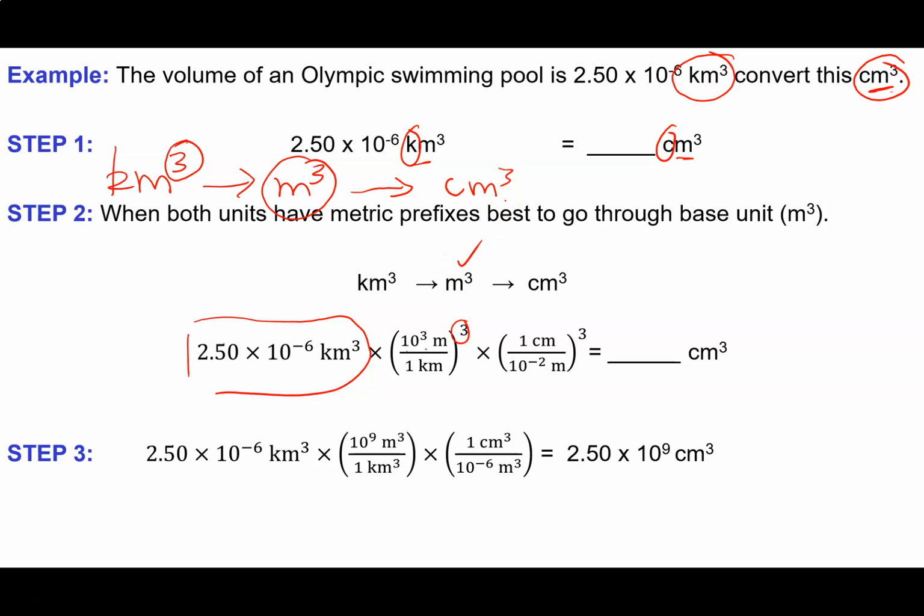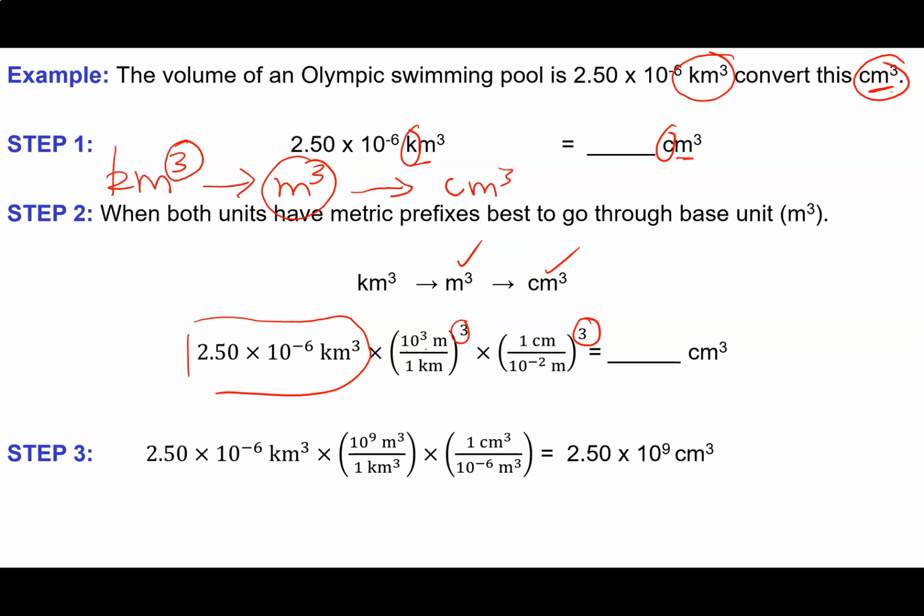Now I know I've got to get it all the way up to centimeters cubed, and I know that in 1 centimeter, there are 10 to the minus 2 meters. And again, that has to be cubed. If you don't cube it, and I don't know why, I would say like 30 to 40% of people stubbornly refuse to cube their conversion factors and just get these wrong every time. Yeah, it's just how it is. And then that'll get me all the way through to my centimeters cubed.